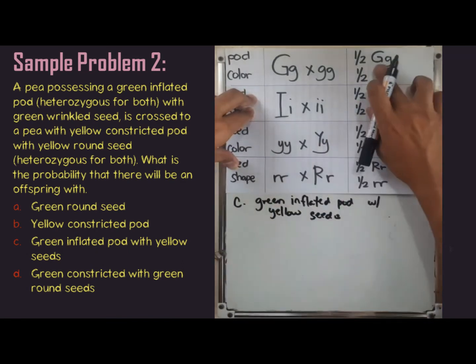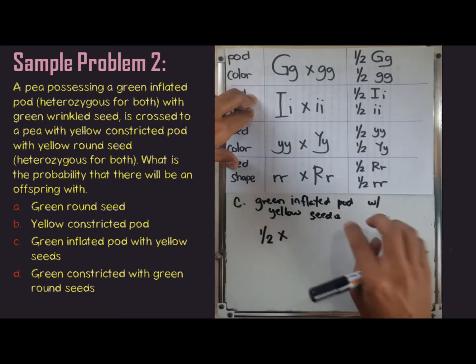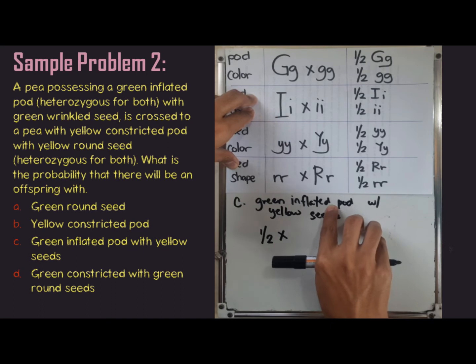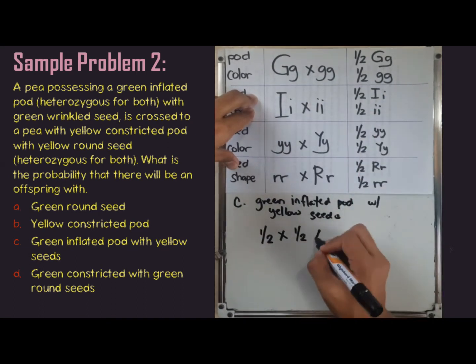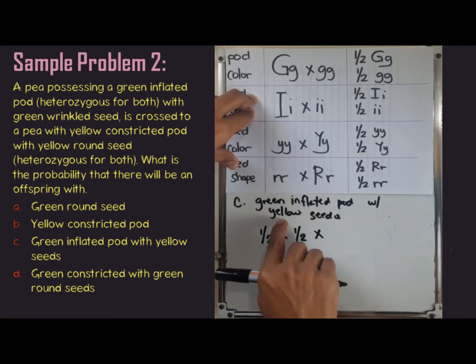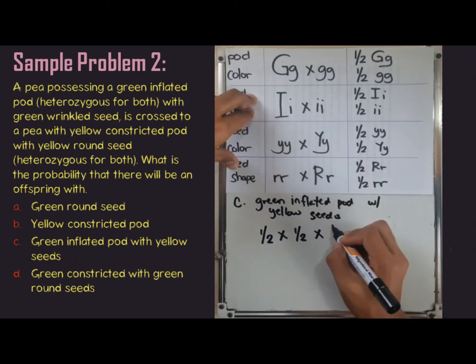We have here 1/2 probability. Then multiply it with the inflated pod probability for the offspring. It is equivalent to 1/2 also. Then the third trait is the presence of yellow seed. So the yellow seed is equivalent to 1/2 probability as well.